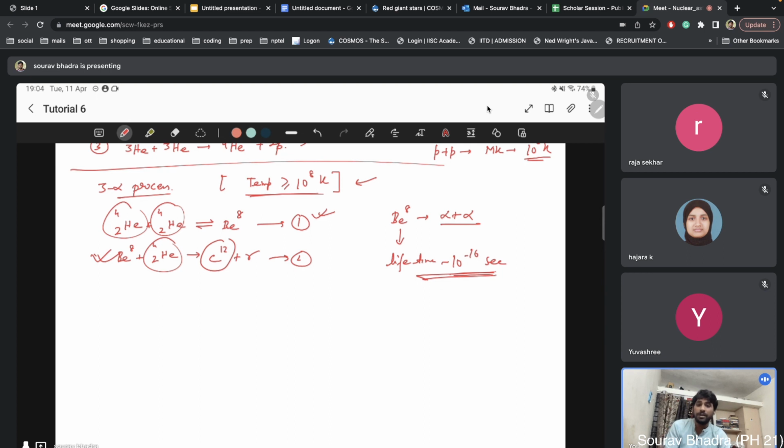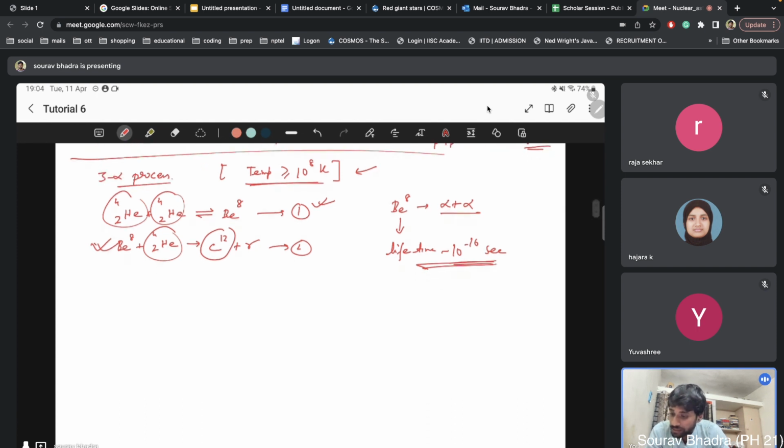In respect to this second reaction it is long enough, and this Be8 will go through a reaction with another helium which will give rise to carbon 12. So this is the main formation of carbon 12 in the triple alpha process, which is a result of helium burning also.